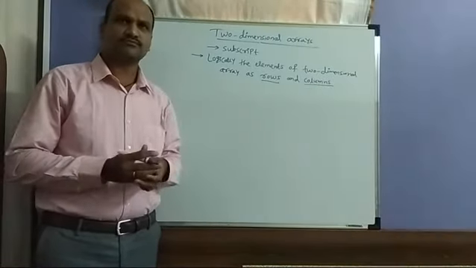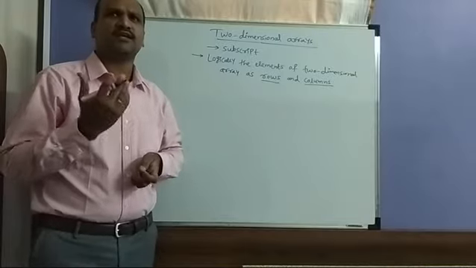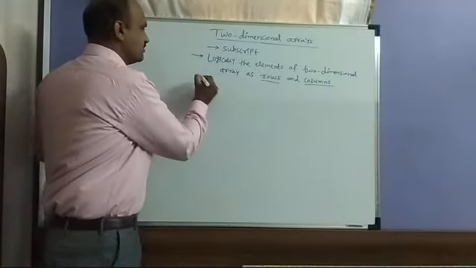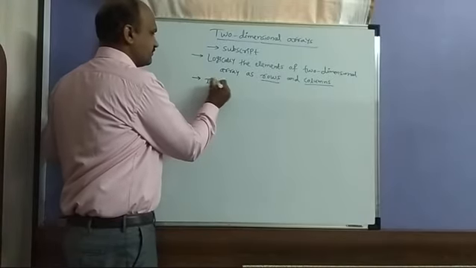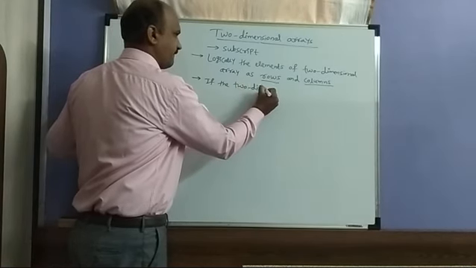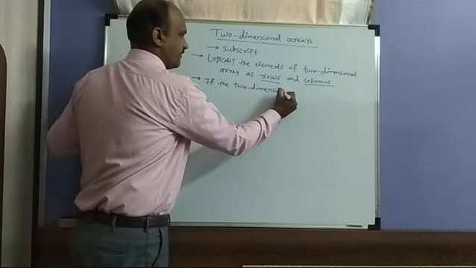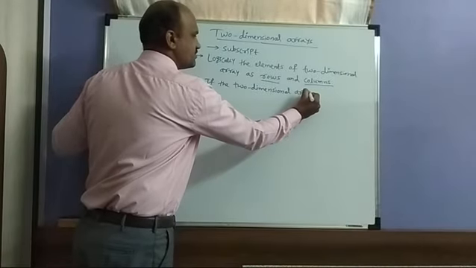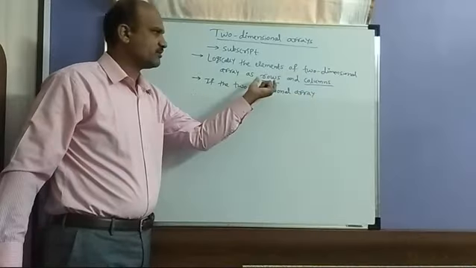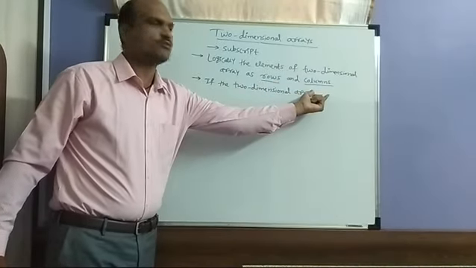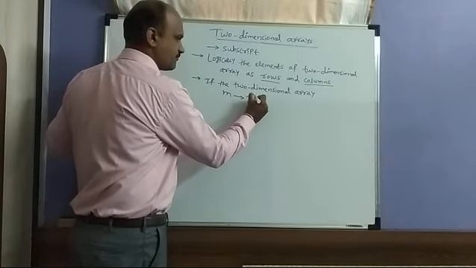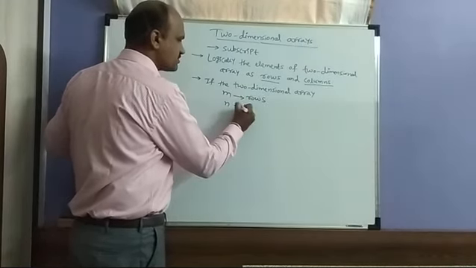If a two-dimensional array has m rows and n columns, then in the array we take the rows and we take the columns. For the m we call it rows, for the n we call it columns.